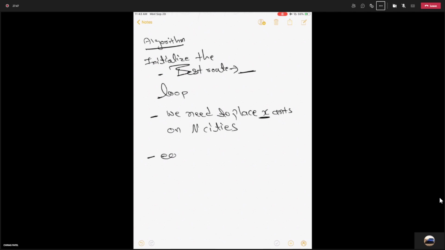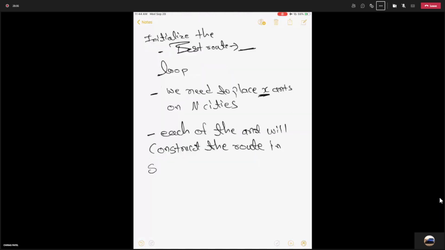Then each of these ants will construct the route in a stochastic greedy manner.